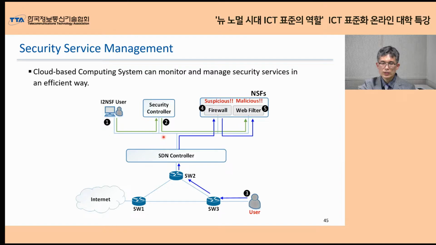This figure shows security service management. Okay, some user traffic is delivered, and then some malicious traffic is delivered through the SDN controller to the actual firewall and web filter, and using machine learning we can detect that this one is malicious or suspicious and drop it.